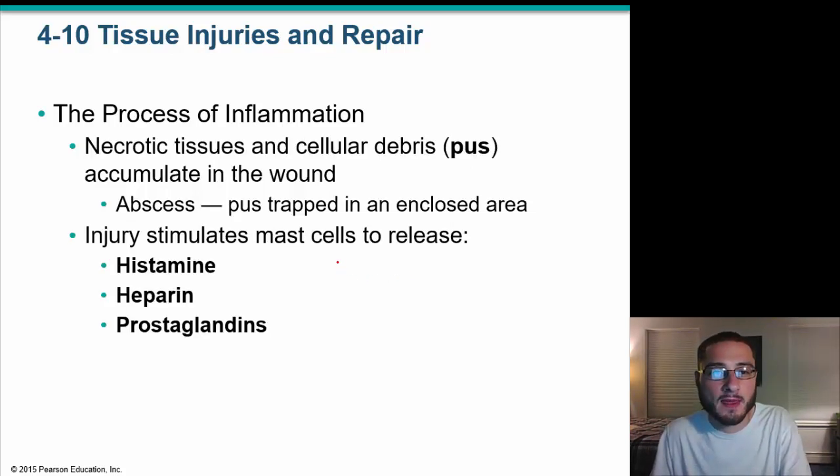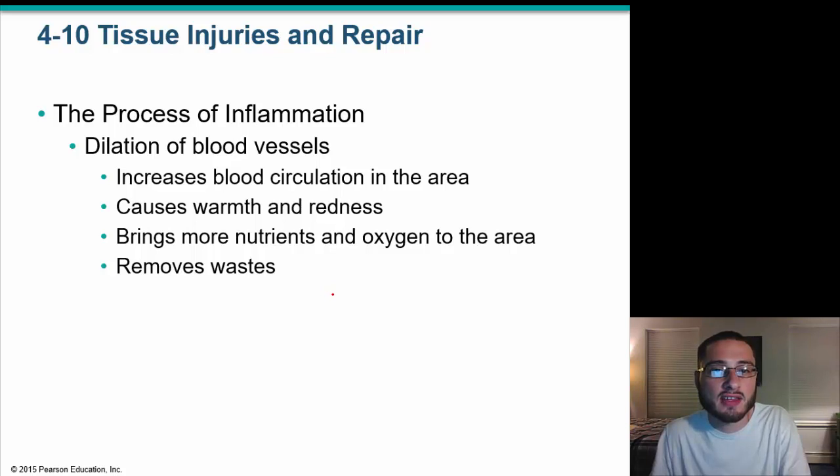Okay. Injury stimulates mast cells to release histamine, heparin, and prostaglandins, which we'll talk more about. And dilation of blood vessels increases blood circulation in the area, causes warmth and redness, brings more nutrients and oxygen to the area, and removes waste.